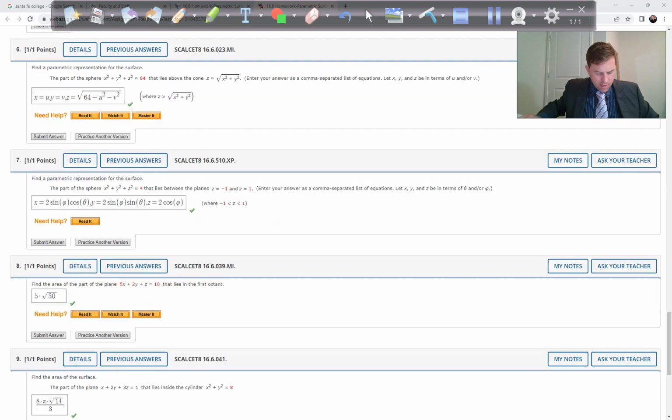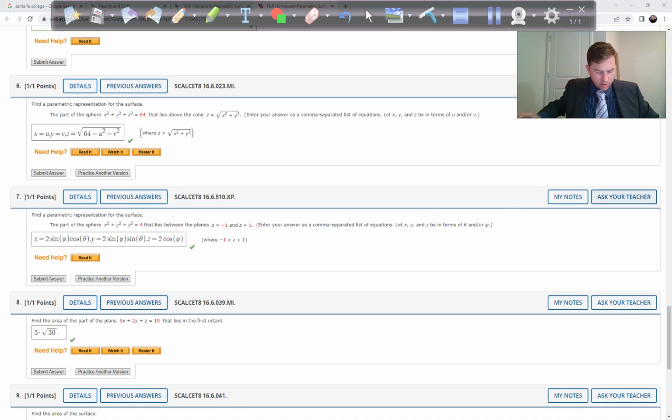So problem 8 says find the area of the plane 5x.